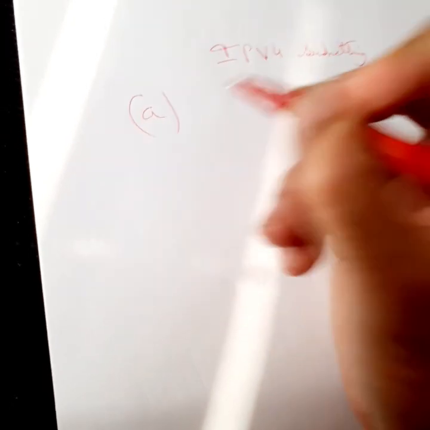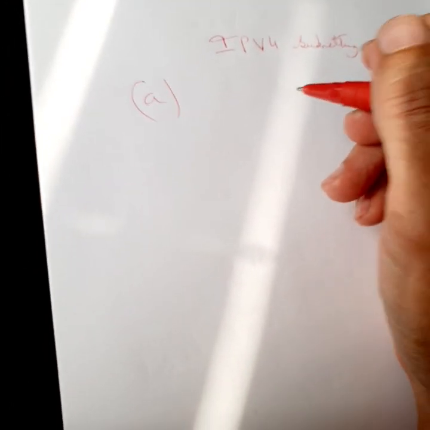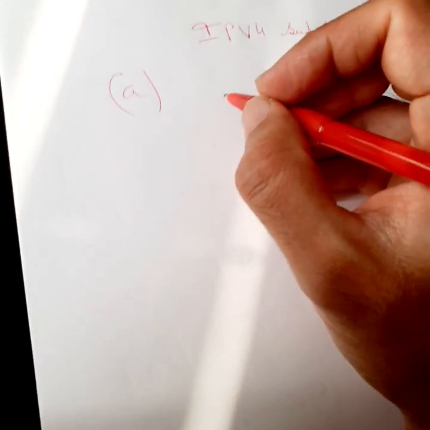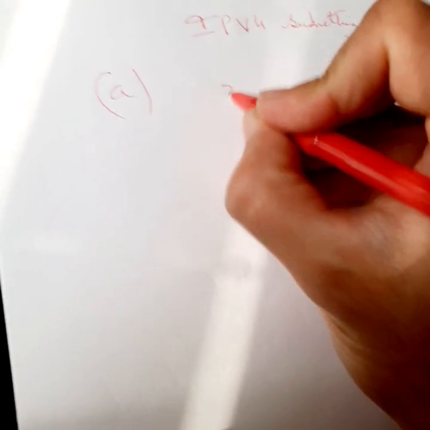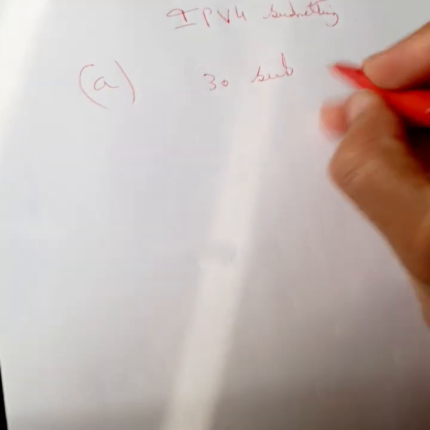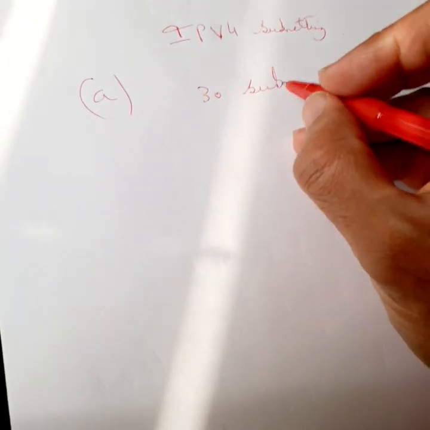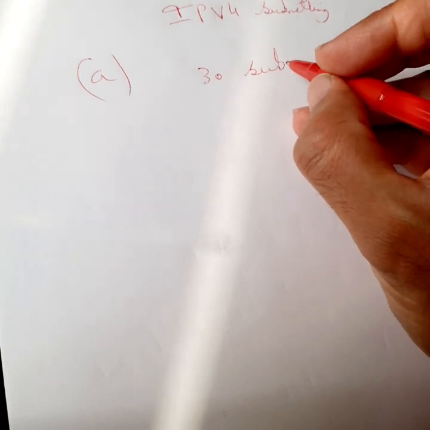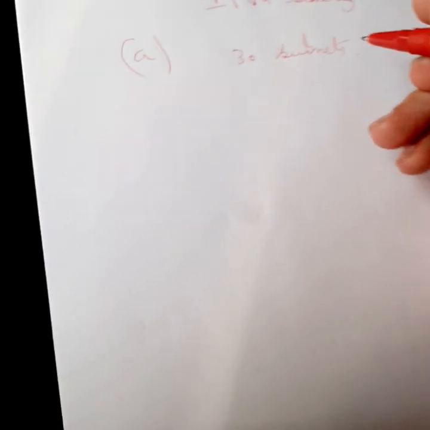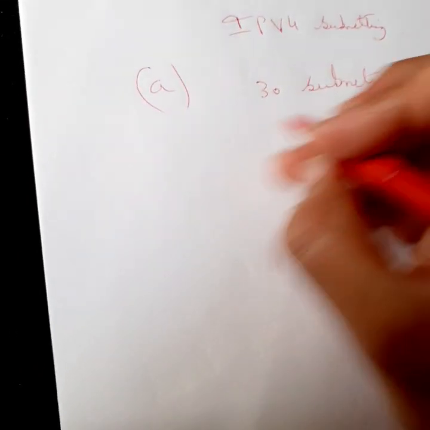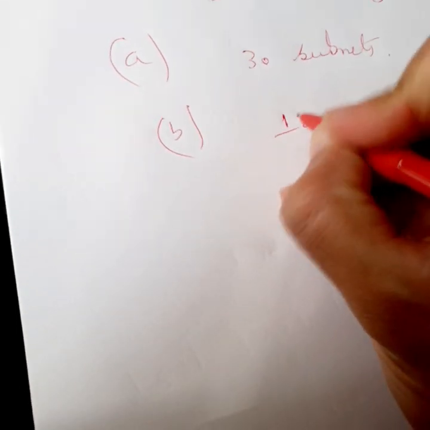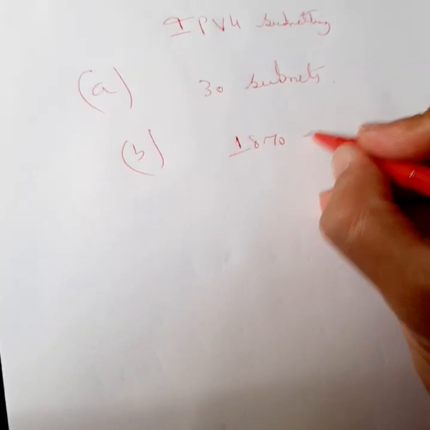So what we have here is 30 subnets. This is in contrast to the previous solution that we did. In this one, we have already been given 30 valid subnets, and we have been given 1870 hosts per subnet.